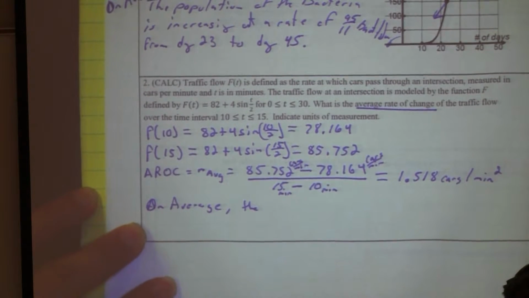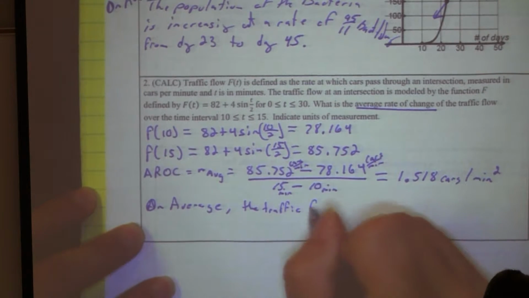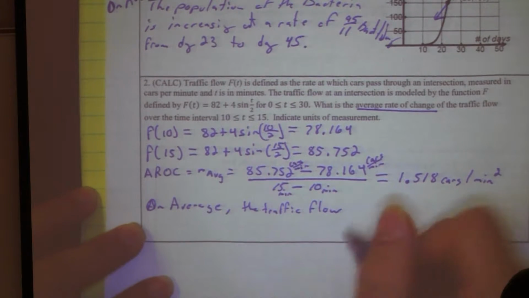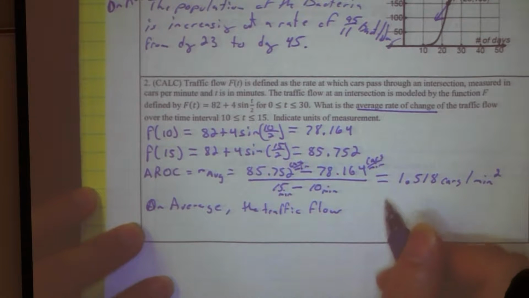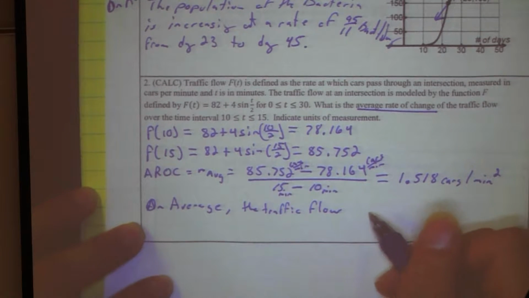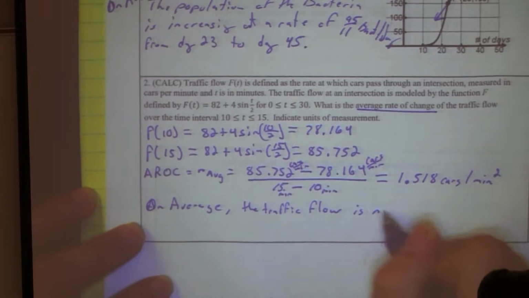What's changing? You need to be able to tell me this because you're going to have to do this by yourself. The traffic flow, on average, the traffic flow is increasing.